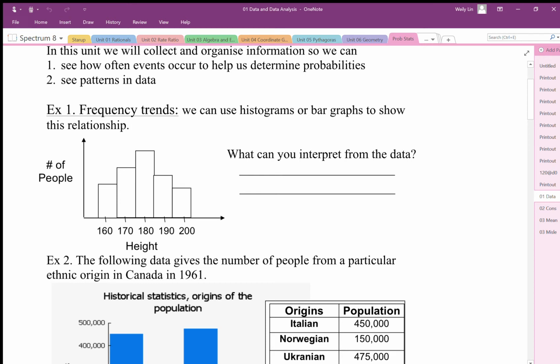So what can we interpret about this data? Okay, so what we can interpret is basically that there are more people in the middle, or more people of what we would call kind of maybe average height.